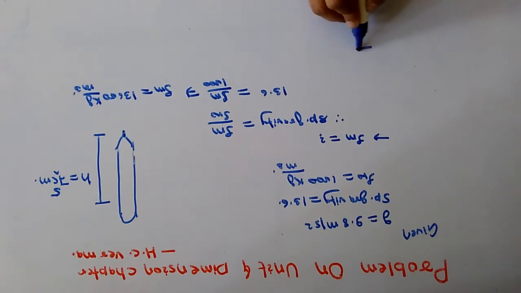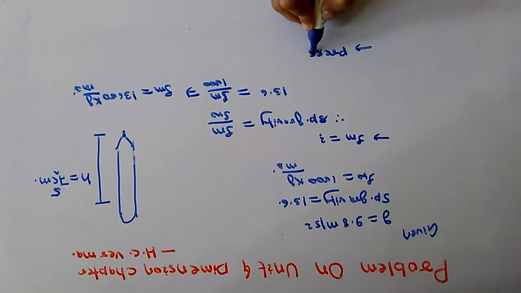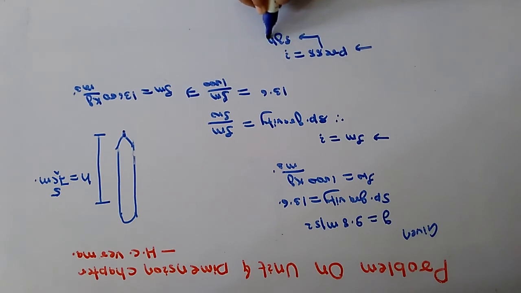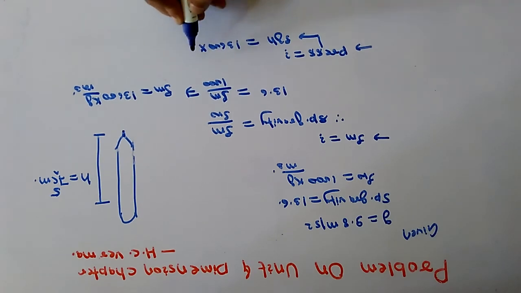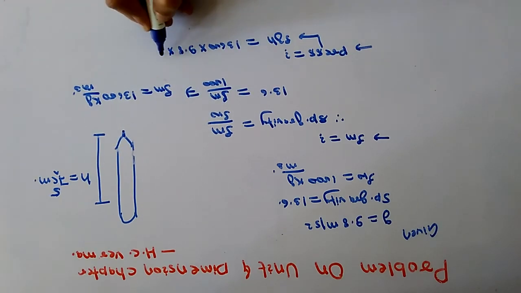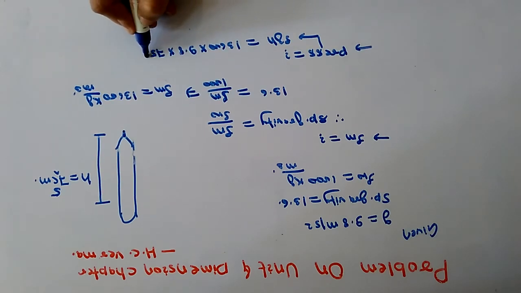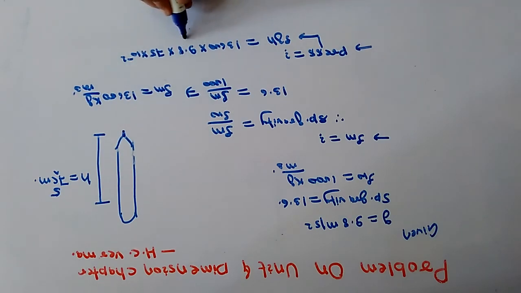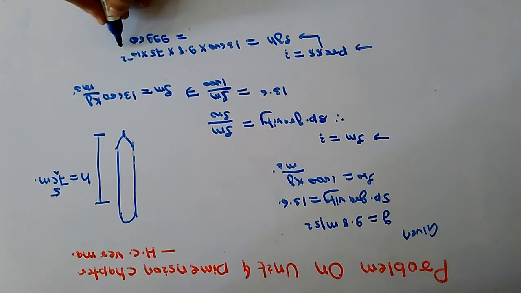We have to calculate pressure, which will be rho g h. So this will be 13600 into 9.8 into 75 into 10 raised to minus 2, which is 99960 kg per meter second square.